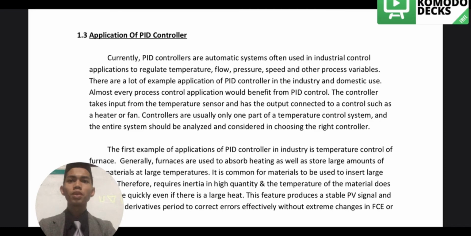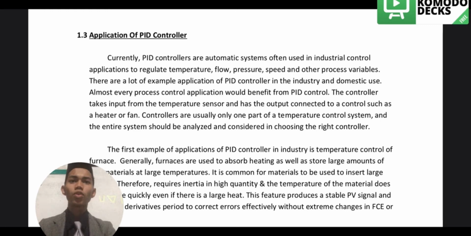The first example of application of PID controller in industry is temperature control of furnace. Generally, furnaces are used to absorb heating as well as store large amounts of raw materials at large temperatures.